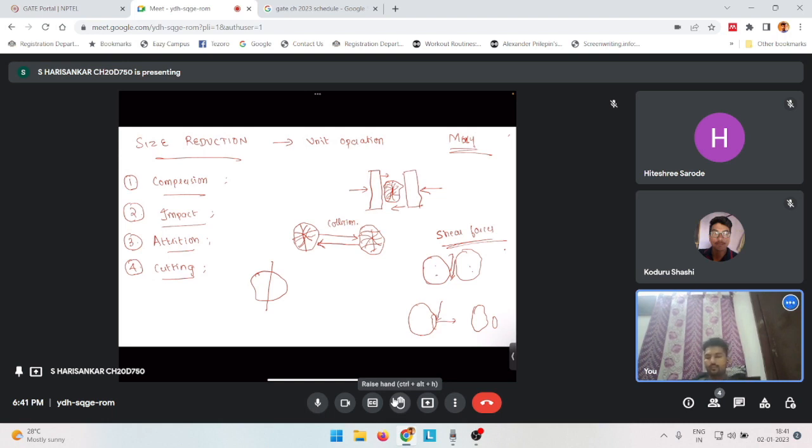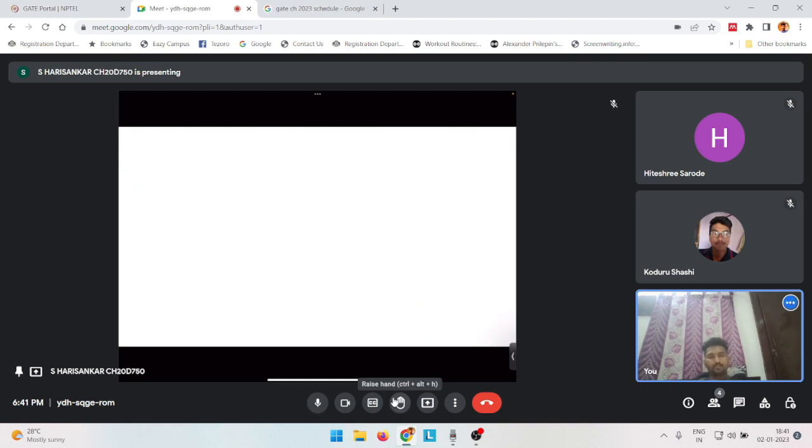You have a variety of size reducing equipments. Different equipments follow different principles of breaking down your particles.